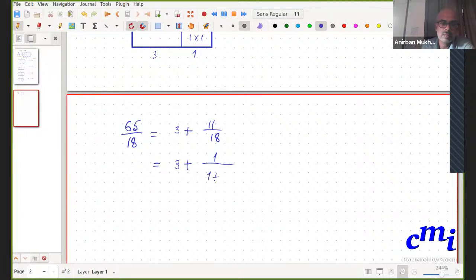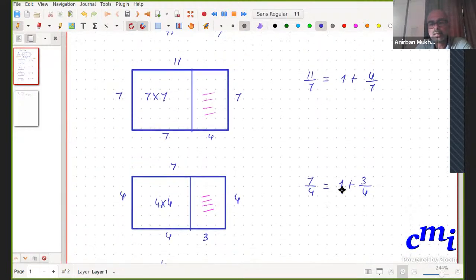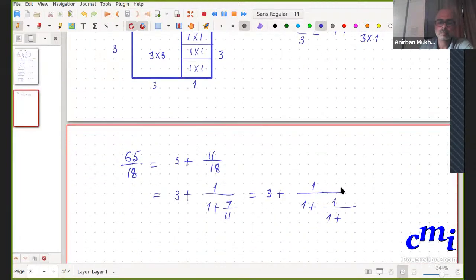Subsequently we wrote 1 plus 1 by, since 7 by 11 is now 1 plus 4 by 7.